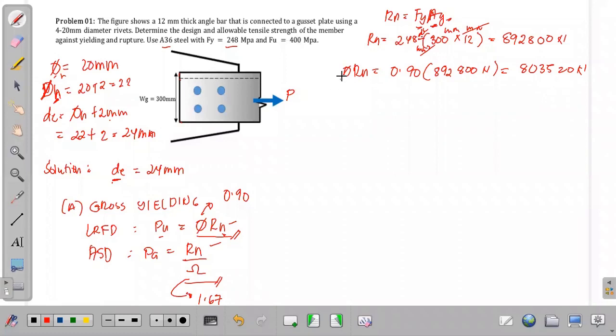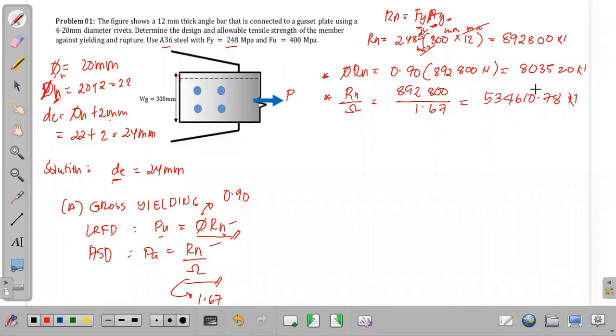Okay? And for our allowable, Rn over the omega. So Rn natin is 892,800 over 1.67. So ano yung magiging value natin dito? 53, 46, 10.78 Newton.